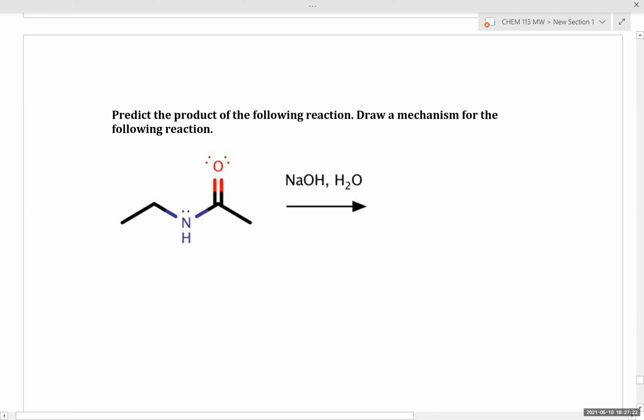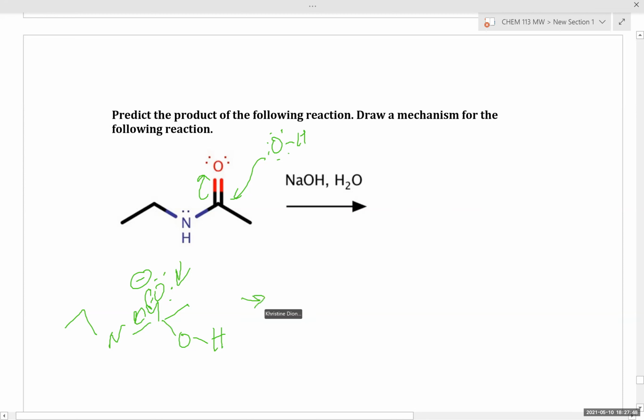And as the student drew out on the class whiteboard, our nucleophile will attack the electrophilic carbonyl carbon. From here, we make a tetrahedral intermediate, and then we kick out our leaving group, which is our ammonium ion.